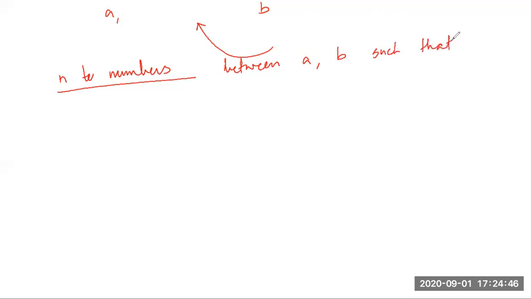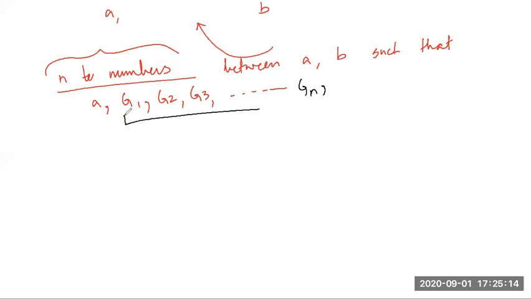such that a, the first number which is inserted between a and b, let's say is G1. The second number which is inserted between a and b is G2. Similarly, G3. So there are n numbers. We want to insert how many numbers? n numbers. So the last number would be Gn. Right? These are the numbers which we have inserted.